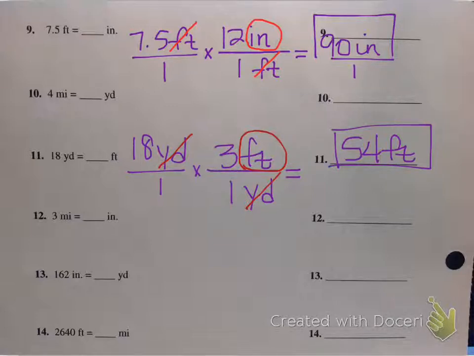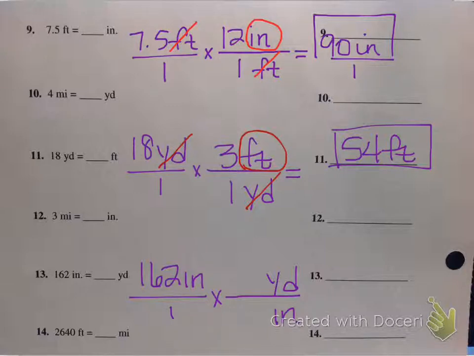Let's try 162 inches equals how many yards? So again, start with what I'm given, 162 inches, put it over 1. What's my conversion factor that relates inches to yards? Well, because I want inches on the bottom, because I want it to cancel, that means my yards must go on top.